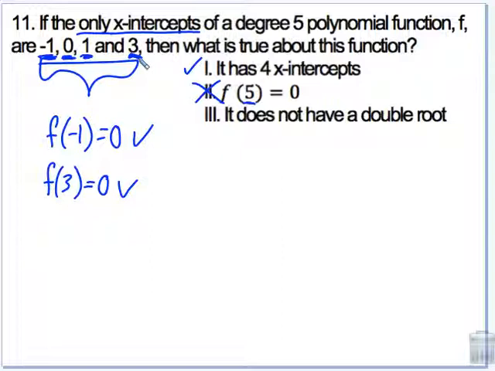But imaginary solutions have to come in pairs, so I can't have just one imaginary solution. And since I only am missing one x-intercept, that means that one of my x-intercepts is a double root. So in this case, I have 4 x-intercepts, and one of the x-intercepts is a double root.